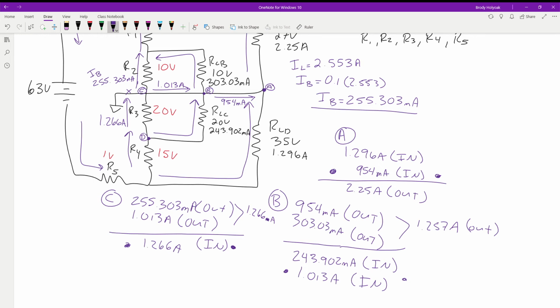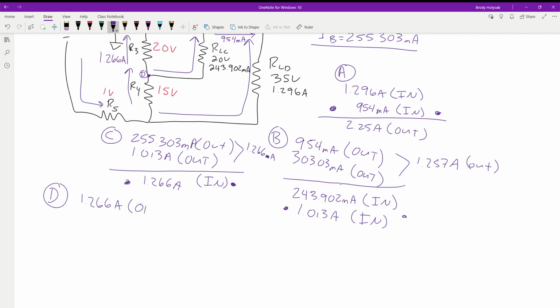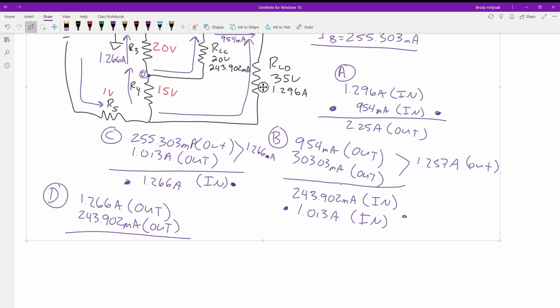We know leaving this node, slide this up a little bit. So at node D, we have current leaving, based on what we've already established. So I have 1.266 amps that's going out. I have 243 milliamps that's also going out. How many connections do I have coming into this node? 3. So I know 2 of them. I'm missing the third.